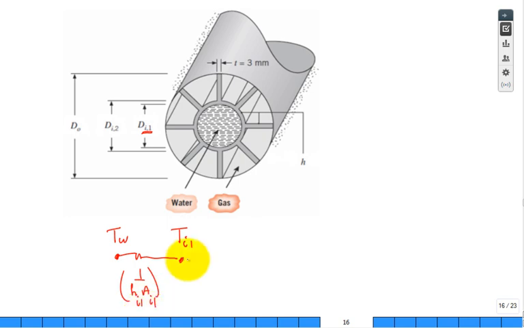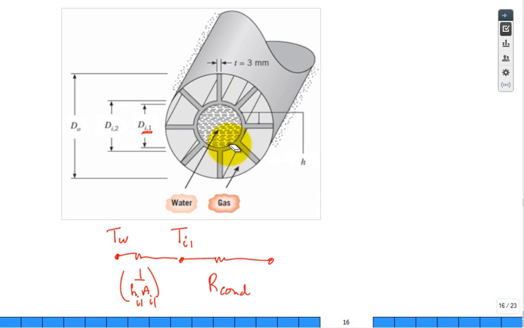Okay, now what do I do? Well, I'm going to have a resistance due to going between D inner 1 and D inner 2. Does that make sense? So I'm going to have a resistance due to conduction from here to here. Now there's an assumption about this, that I'm going to say that the temperature everywhere here is the same. It's uniform temperature.